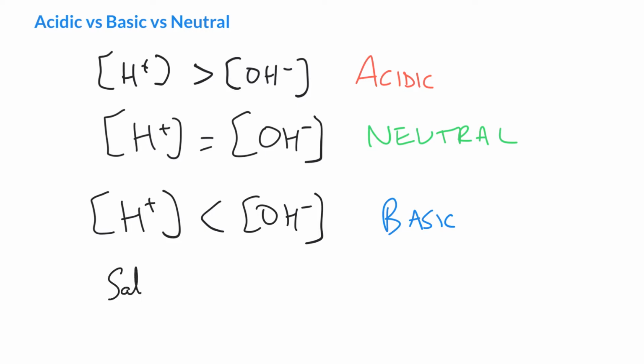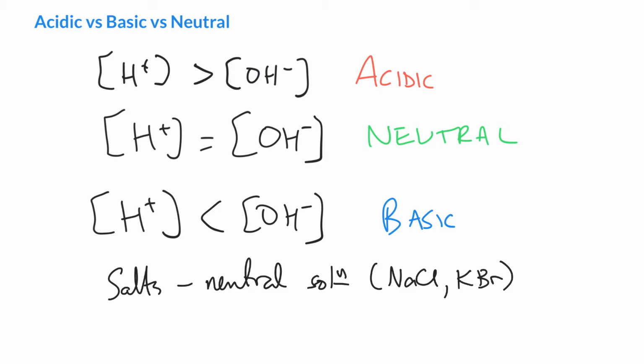Salts are ionic compounds, and salts normally don't change the acidity of the solution. So salts normally give rise to neutral solutions. This isn't exactly correct, but very approximately we can say ionic compounds like sodium chloride or potassium bromide, when we add them to water, they really don't change either the H+ or the OH- concentration, so that leaves us with a neutral solution.